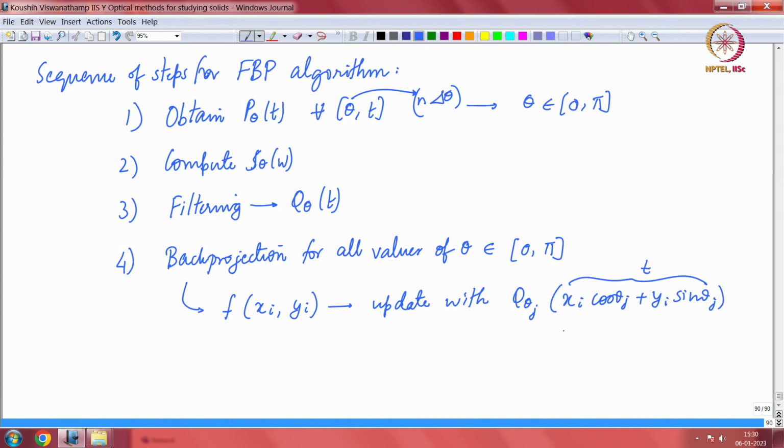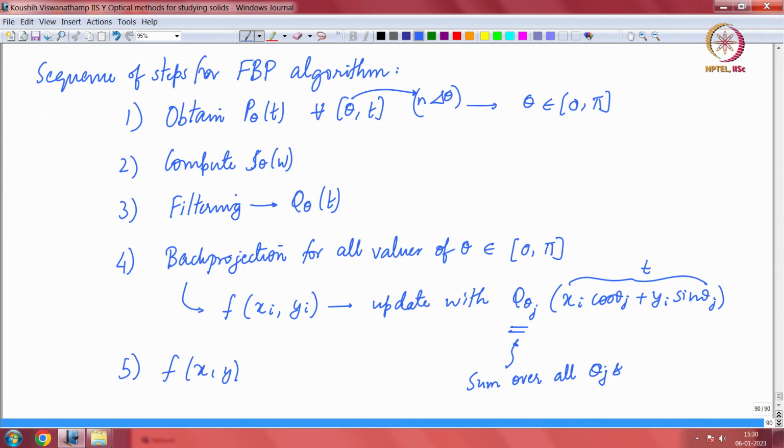So, you update it with this, which means you add this value to what you already have and you sum over all theta j's, okay. So, for every single projection you go back, add it, and then at the end of the step you have your f of x y in an array, right.